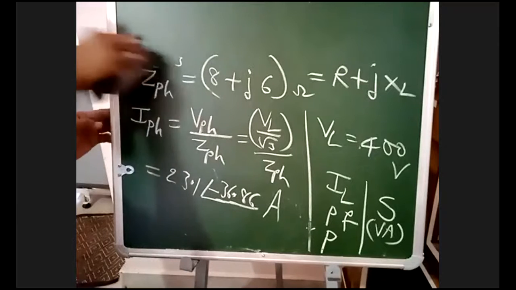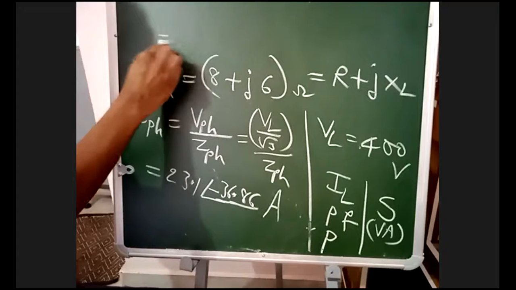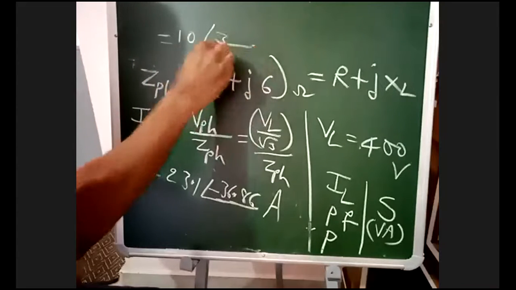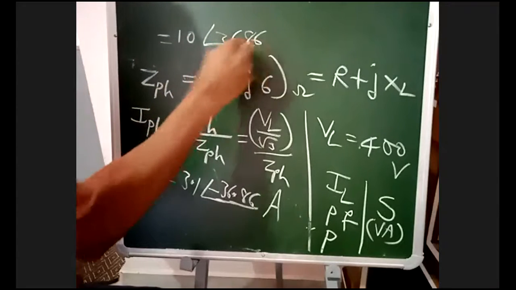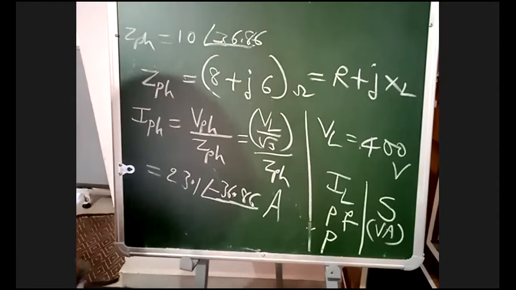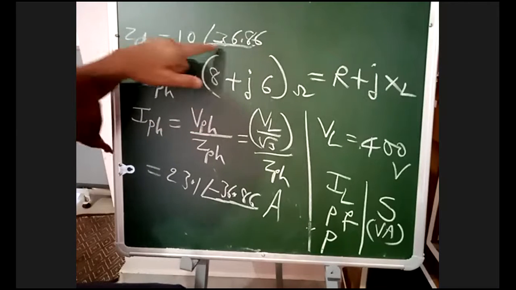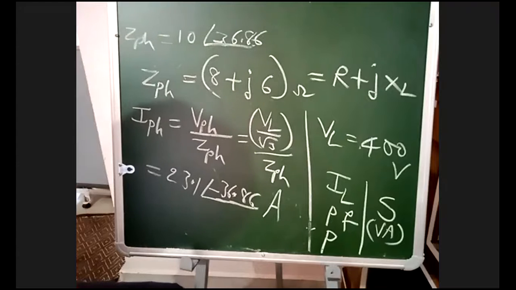So see here, if you convert Z phase to polar form, it is 10 at an angle 36.86. This is the rectangular form, and this is the polar form. Then can you tell me what is phi?